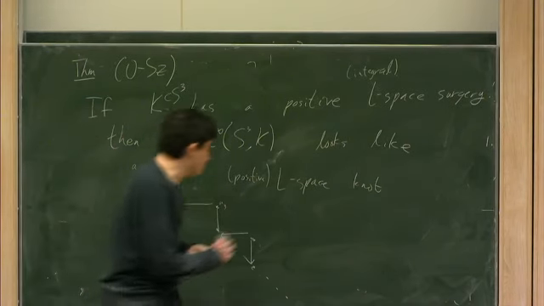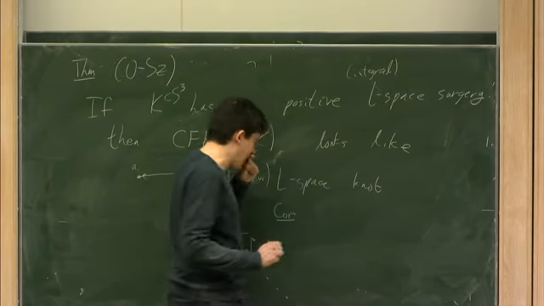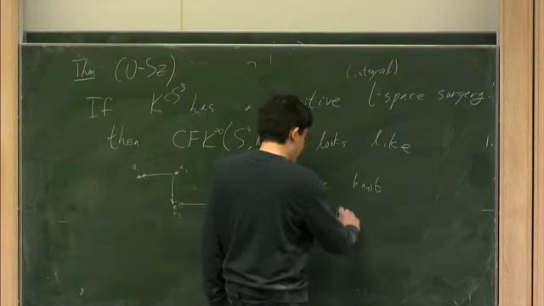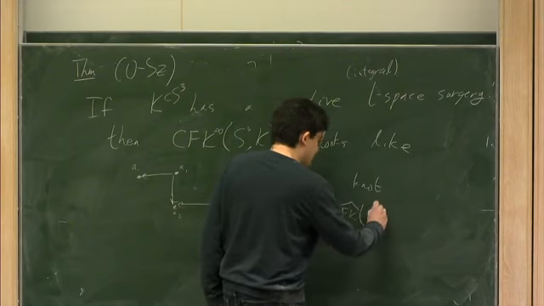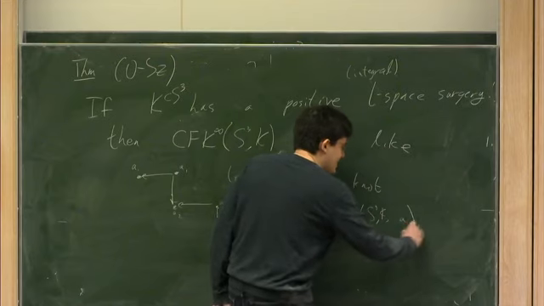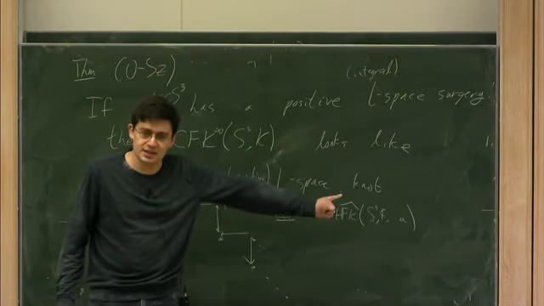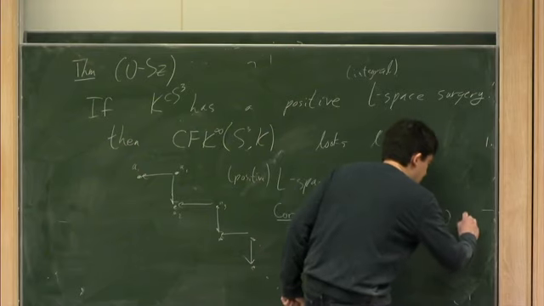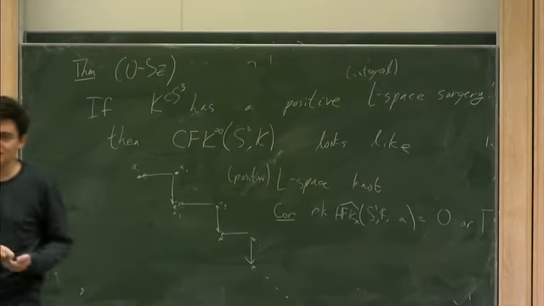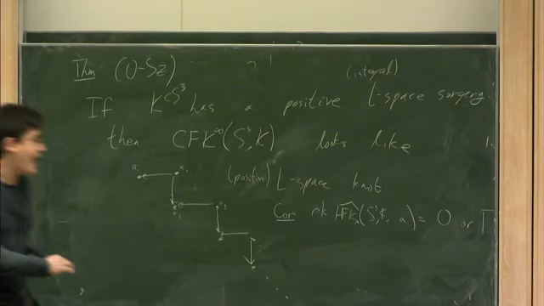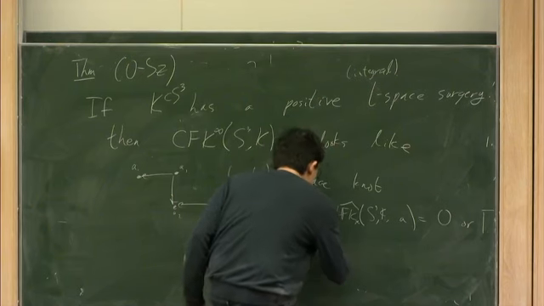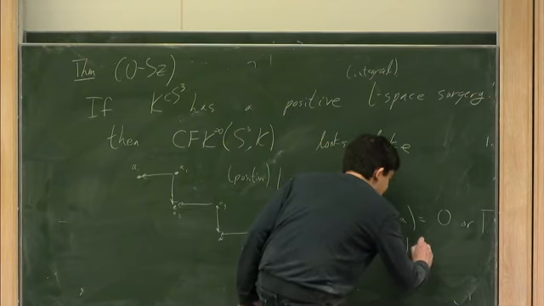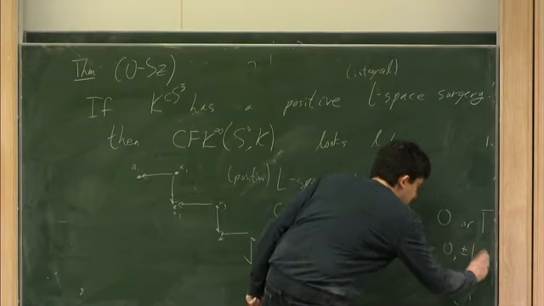And as a corollary to that, what we see is that, for one thing, the rank of HFK hat of S3K in any individual Alexander grading is equal to either 0 or 1. Either there is a generator or there isn't a generator in that slot as I translate everything. And as a corollary to that, the coefficients of the Alexander polynomial of K are all 0 or plus or minus 1.